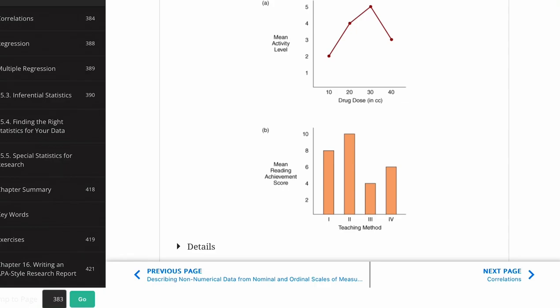And then the y-axis is the values or the sample means that are being compared. So you see mean activity level is in the top graph, and the second one is mean reading achievement score.